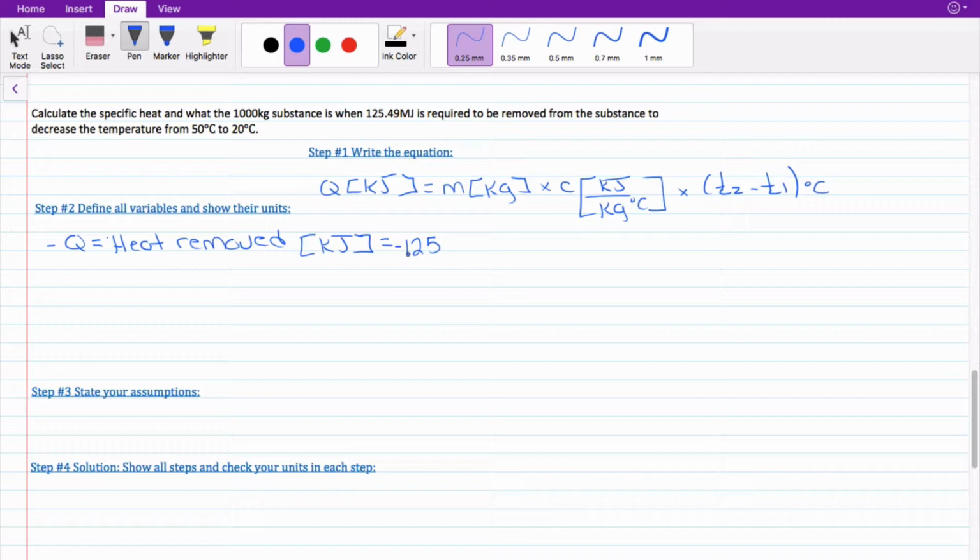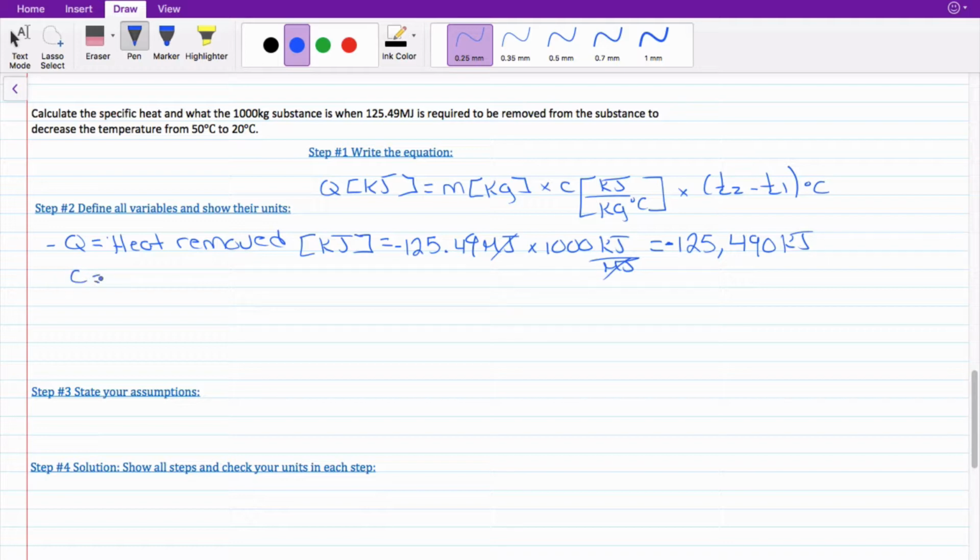That's one area where people go wrong: if it's being removed from the substance, I like to put negative 125.49, because it's being removed, not added. To convert that to kilojoules, we multiply by 1,000 kilojoules per megajoule. The megajoules cross out, you're left with kilojoules, so negative 125,490 kilojoules is the quantity of heat removed.